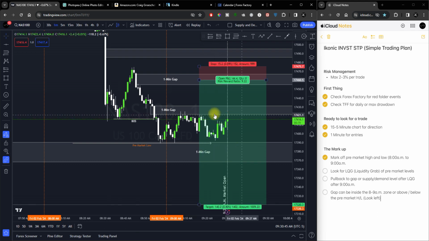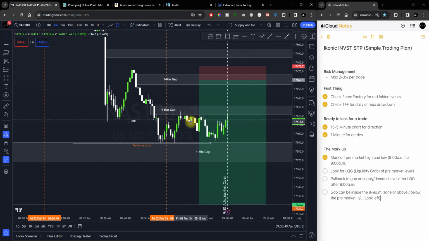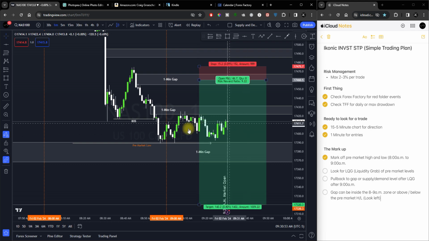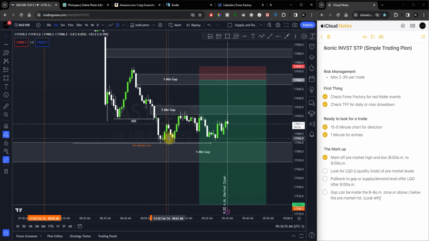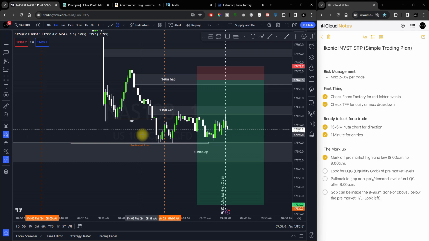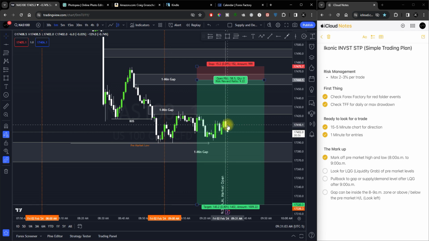How many people you think are shorting this right now, or adding more to their positions? One way or the other, somebody's gonna get stepped out, and I don't want to be that liquidity. That's a disappointment on that 9:30 candle, to be honest with you.